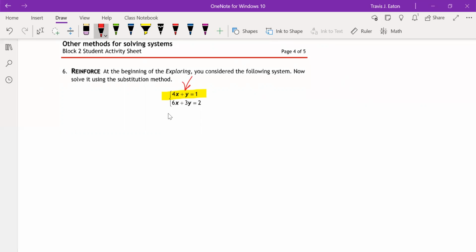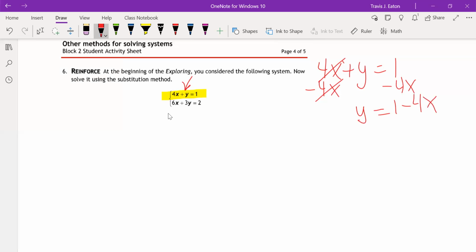And so I can solve this equation for y really quite simply. So I'm going to go over here and do this. 4x plus y equals 1. Now watch how easy it is to solve for y. I'm going to subtract 4x from both sides. And when I do that, these two cancel each other out, and it just becomes y equals 1 minus 4x.